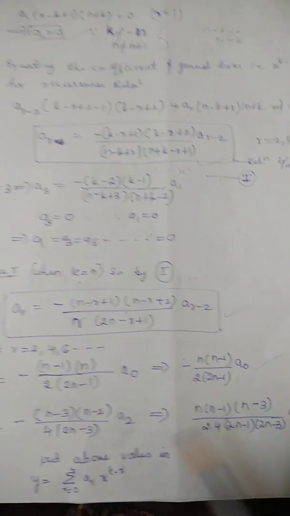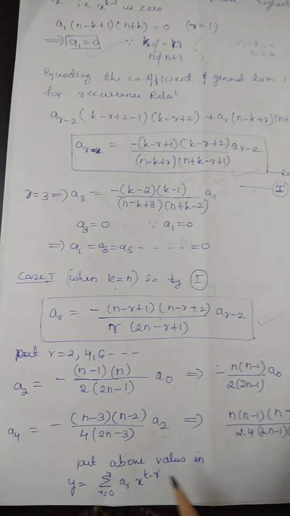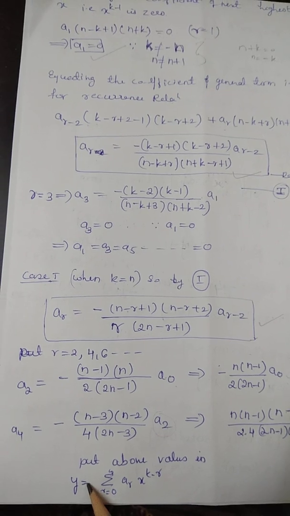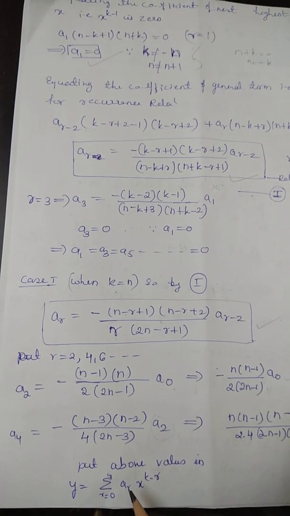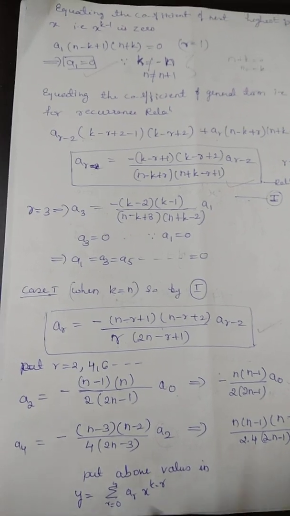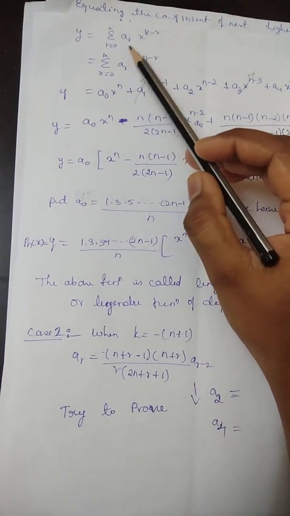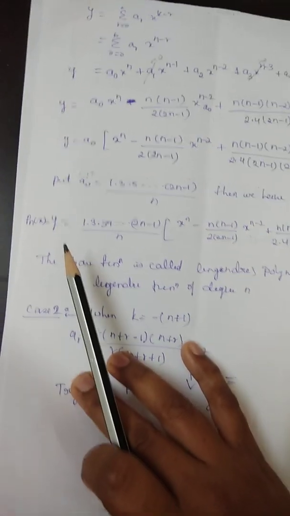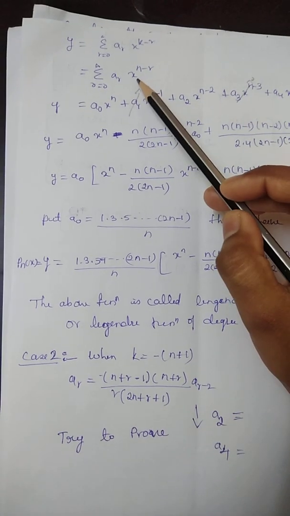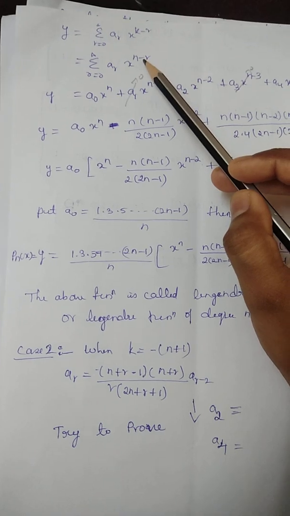Here a0 is there. So all these values we have to put in the series solution, that is y is equal to summation from 0 to infinity ar x raised to k minus r. Let us put in this equation. I have written the series equation, then ar x raised to, now let us change k value, what? n minus r.